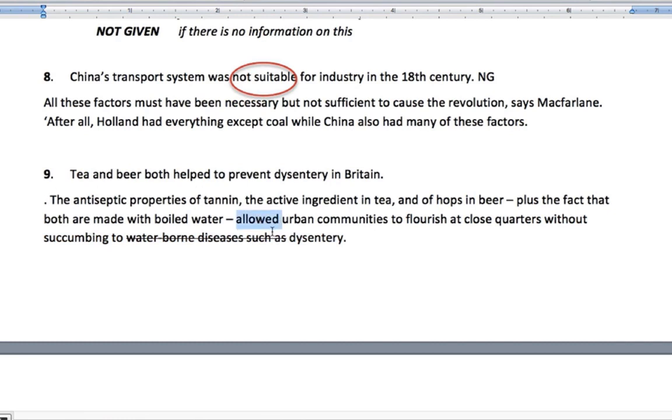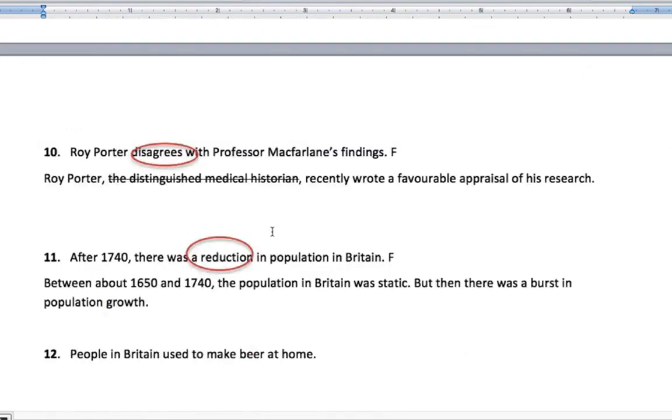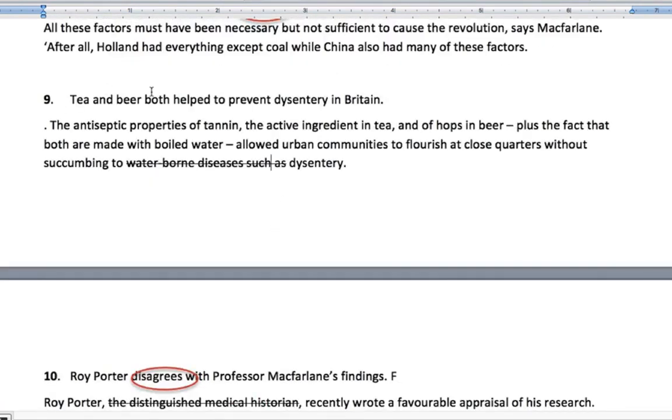The tea and beer allowed them to not get dysentery. So read that again. The tea and beer helped to prevent dysentery. So the answer is true. That was difficult because of all of this vocabulary. Flourish and succumbing. So you kind of had to guess what those meant.